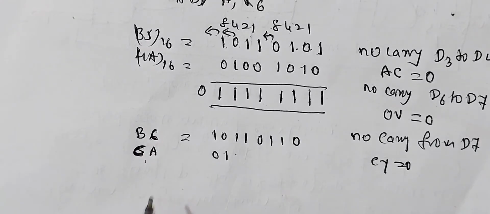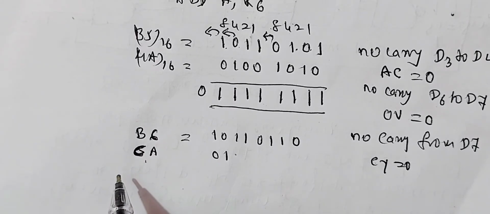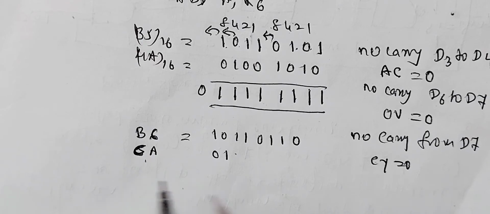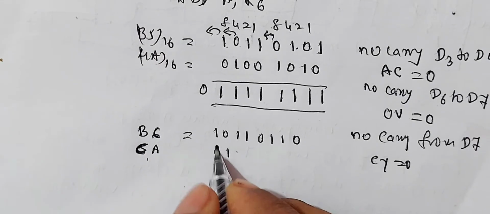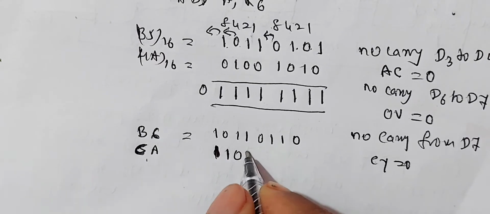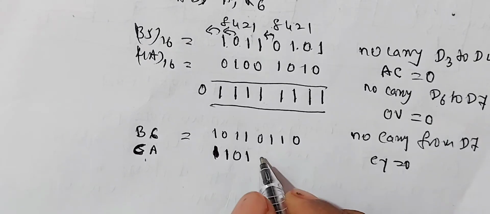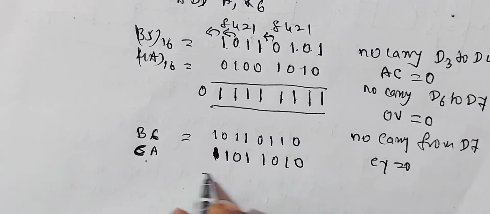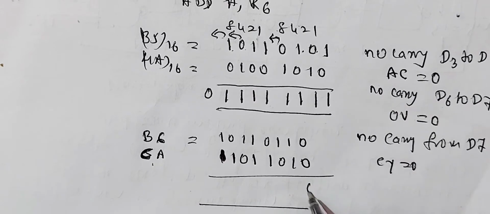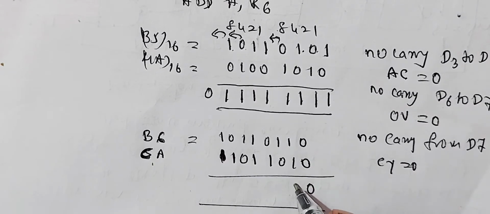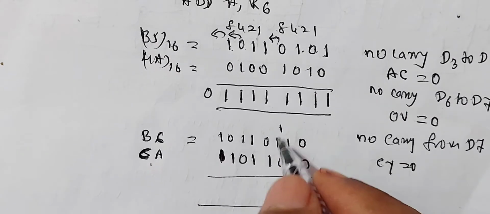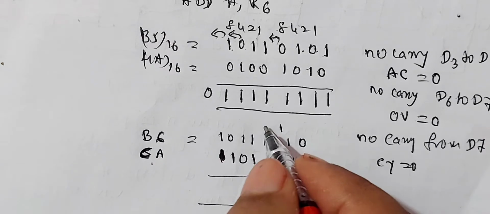What is C? A is 10, B is 11, C is 12, that is 8 plus 4, which is 12, and A is 10, that is 1010. Add these two: 0 plus 0 is 0. 1 plus 1 is 0, carry 1. 1 plus 1 is 0, carry 1.